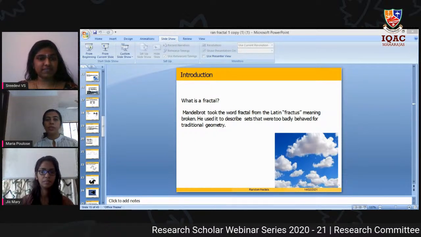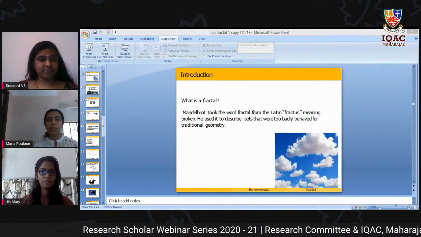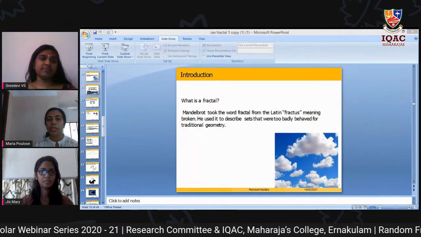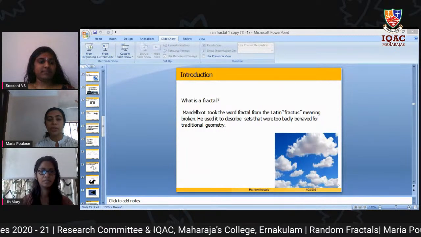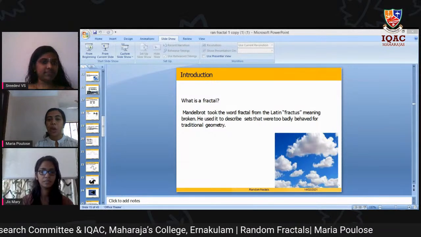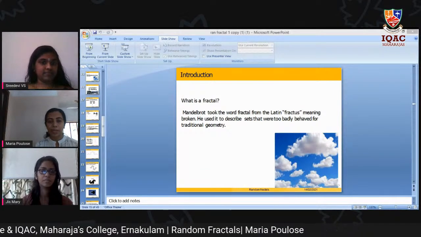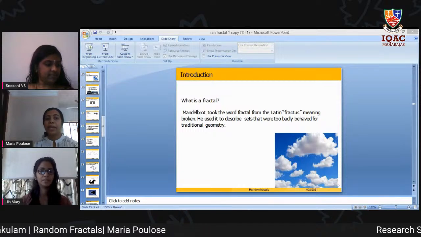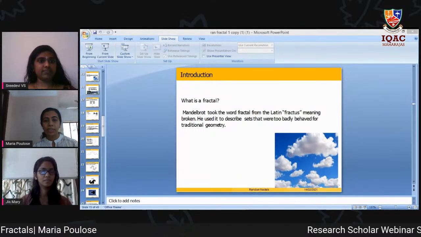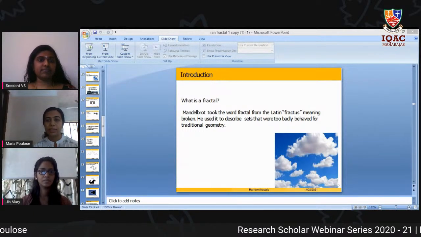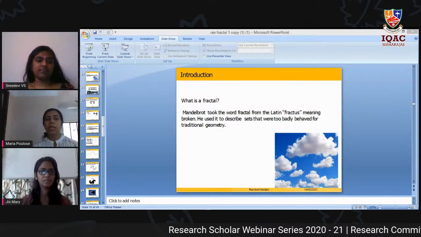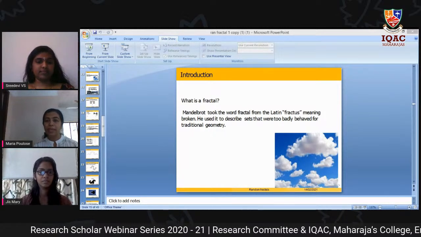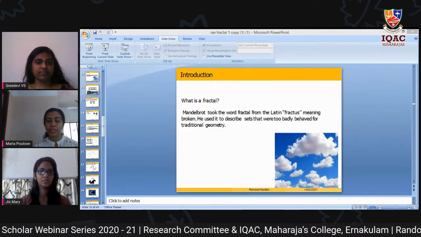Yes. So, these objects of nature cannot be modeled by applying Euclidean geometry. Hence, there is need to deal with complicated and irregular objects which can only be constructed by fractal geometry. And what is fractal? Mandelbrot took the word fractal from the Latin word fractus, meaning broken. He used it to describe sets that were too badly behaved for traditional geometry.